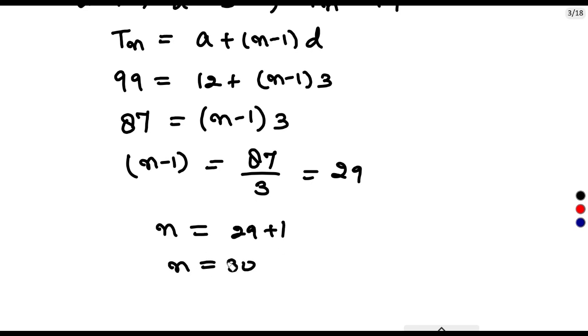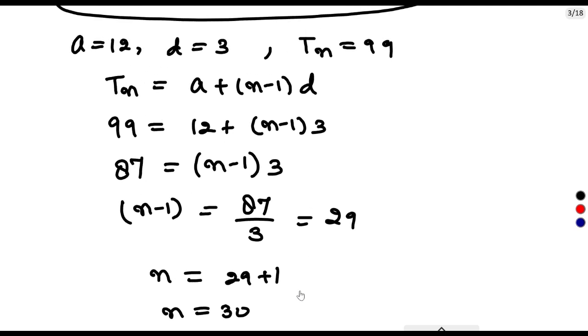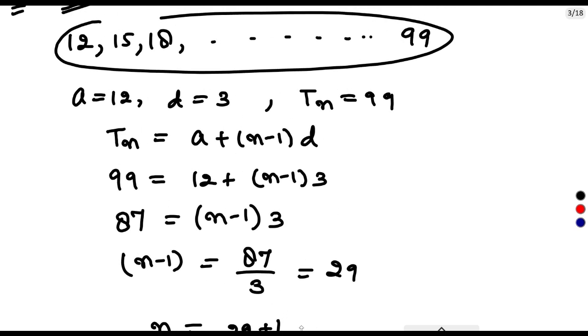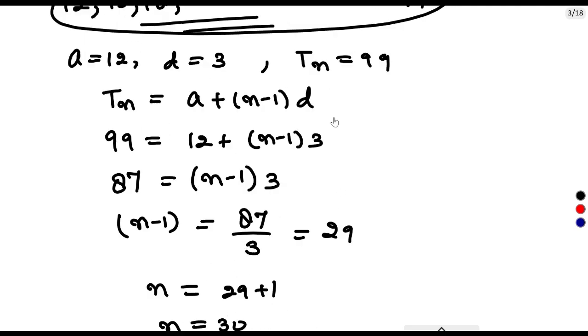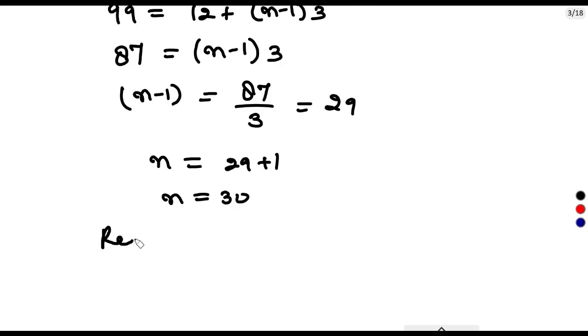N is equal to 30, means there are total 30 2-digit numbers which are divisible by 3. Come to the next question.